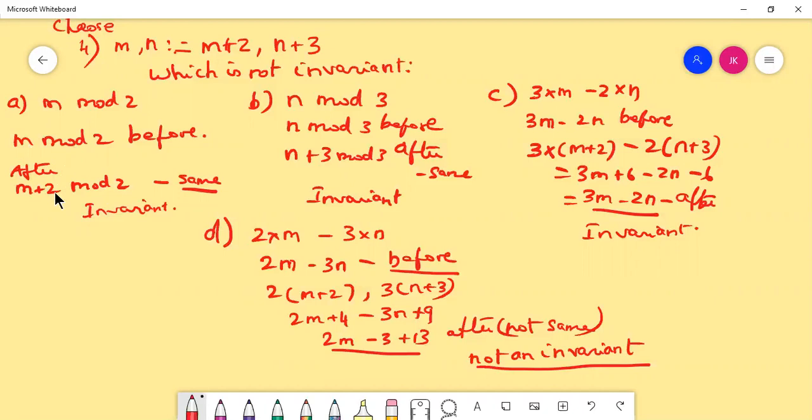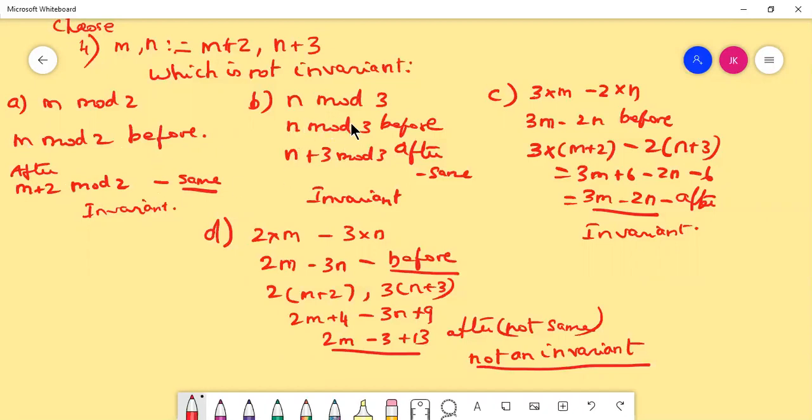If it's an odd number, I'll get my remainder as 1. So whatever may be the value of my m, I'm going to get a remainder either 0 or 1. So this m mod 2 is also a function to get your remainder. When I change the value to m plus 2, the work of my mod is going to be the same. So I'll say this is invariant. Okay, both are the same. Same way goes with n mod 3.